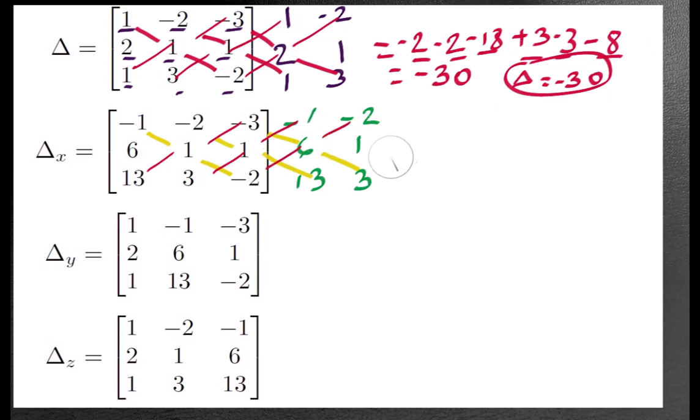So we get for the first value minus 1 times minus 2 is 2, and then we go ahead and keep calculating, and we get minus 26, and then minus 54 looks like.